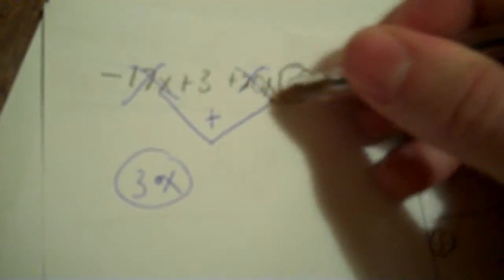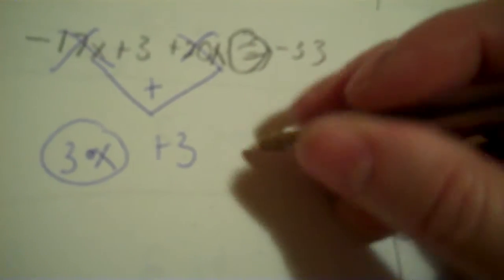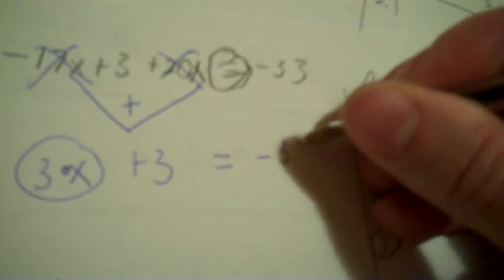So I put x down, negative 17 plus 20 gives me 3. So now this becomes 3 times x, then plus the 3 that's already there, then write equals negative 33.